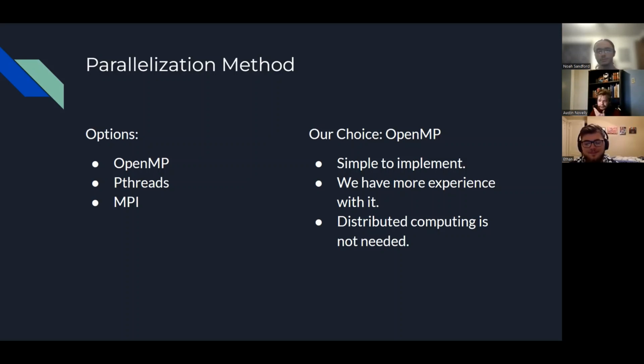It's really easy to work with. We're not going to be targeting distributed computing, so we're not going to deal with the complexity and overhead that MPI would introduce if we wanted to push it to unlimited scaling.